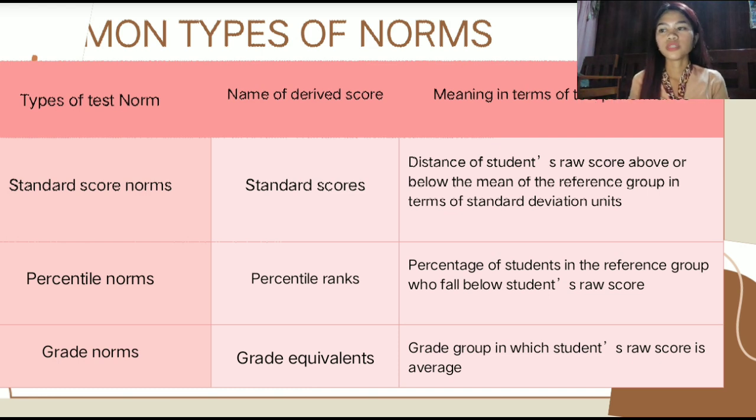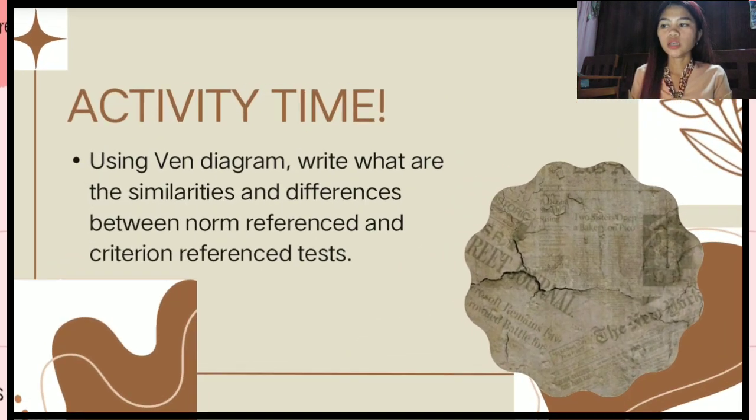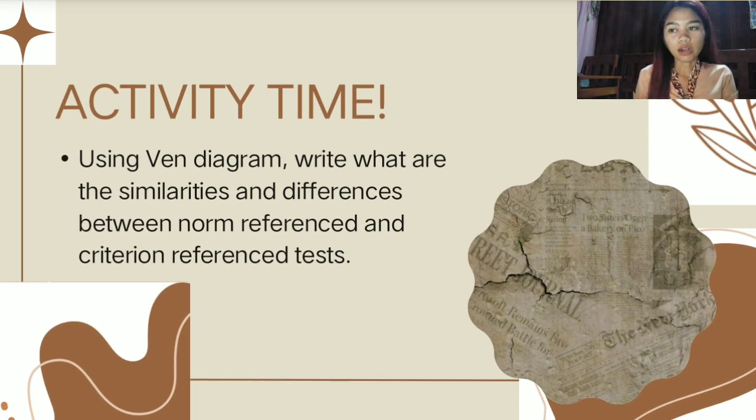So next, let's proceed to our activity. In our activity, using a Venn diagram, write the similarities and differences between norm reference and criterion reference tests. I think this will be the end of my topic because the next topic will be discussed by Miss Traya.